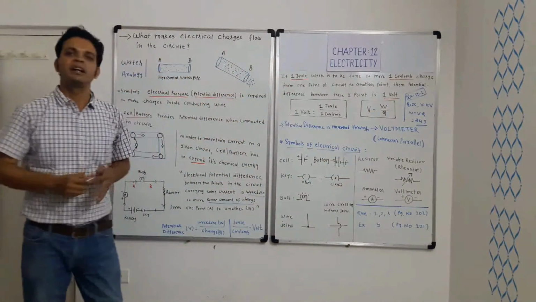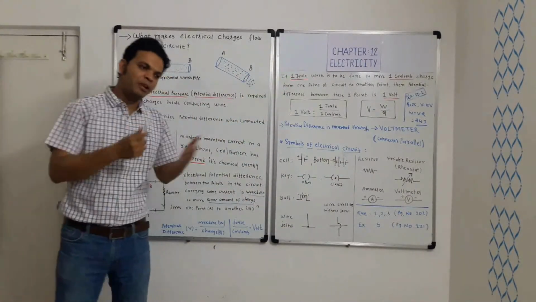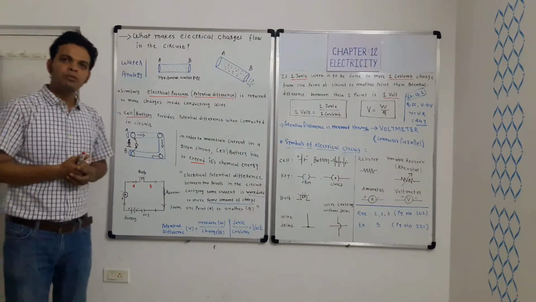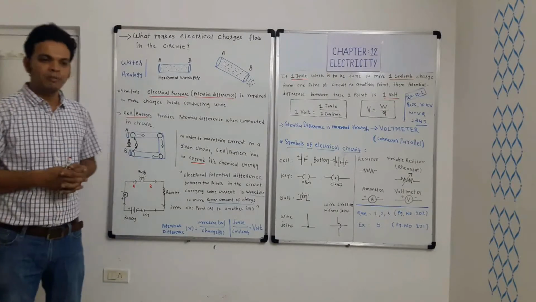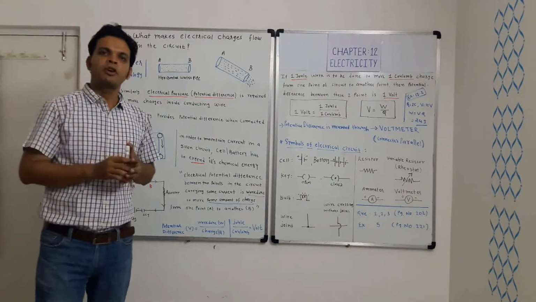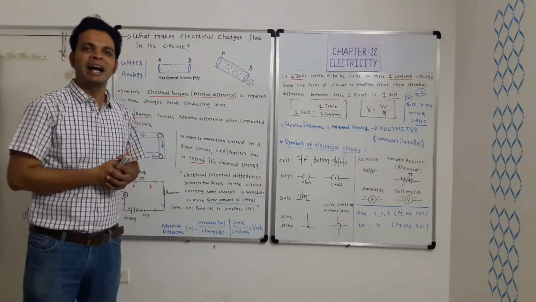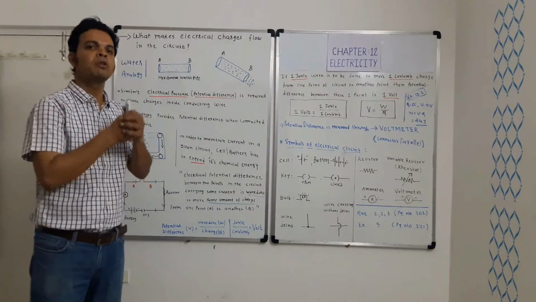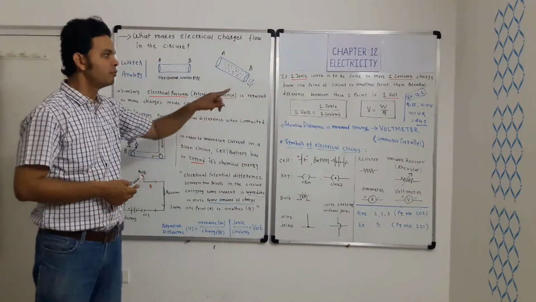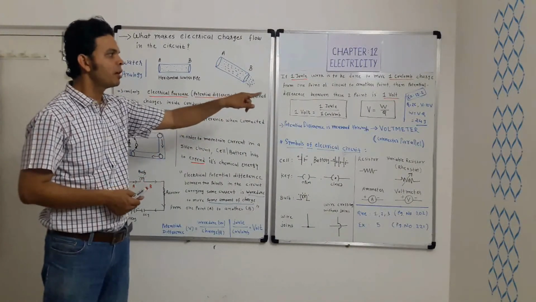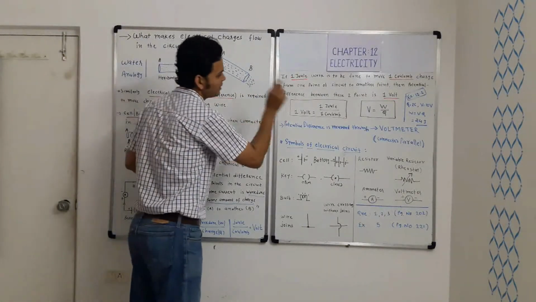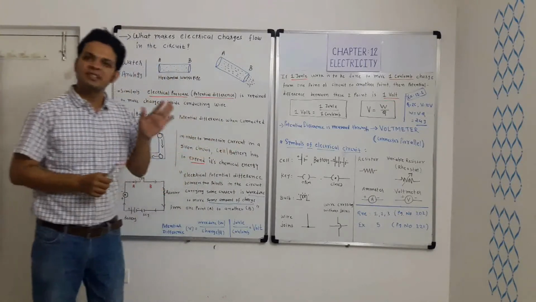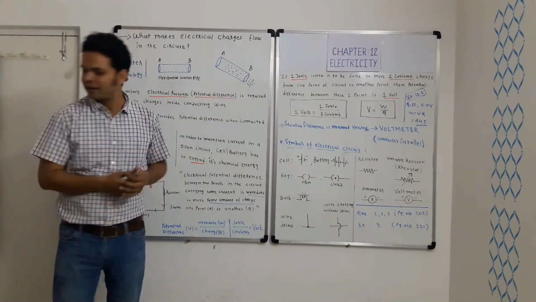So this is another mathematical formula which will help you to calculate some numericals. In the previous lectures, you might have learned the formula electrical current I equals Q over T. This is another formula: voltage V equals W over Q. Based on this formula, let us discuss one example given in your book very quickly.